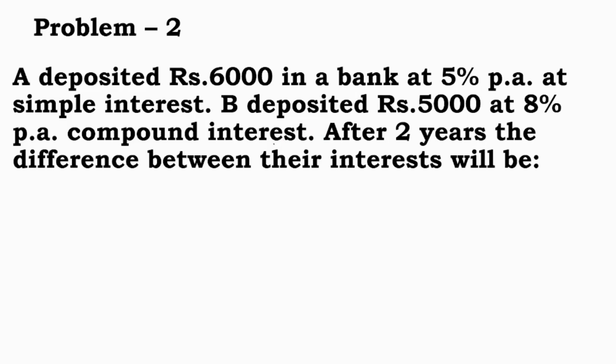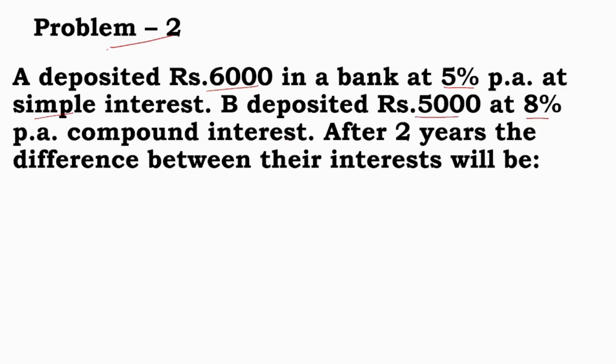Now we discuss one more type of problem, as problem 2 in this video. A deposited 6,000 rupees in a bank at 5% per annum at simple interest. Here it is only simple interest. And B deposited 5,000 rupees at 8% per annum compound interest.